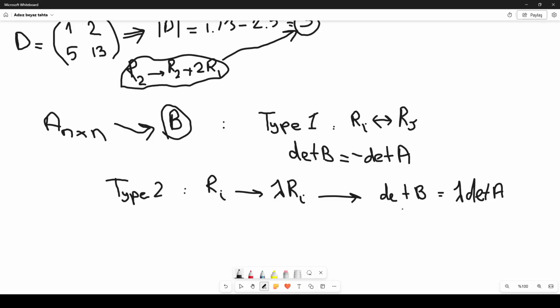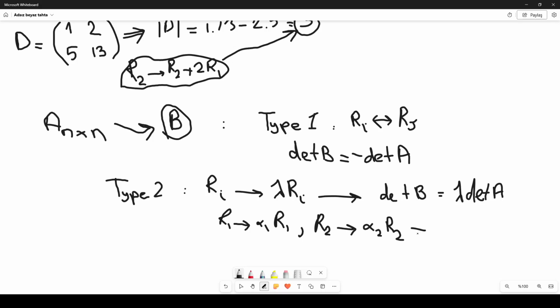Again, if we perform many type 2 operations, for instance, if I replace row 1 by alpha 1 times row 1, and row 2 by alpha 2 times row 2, then what would be the effect?